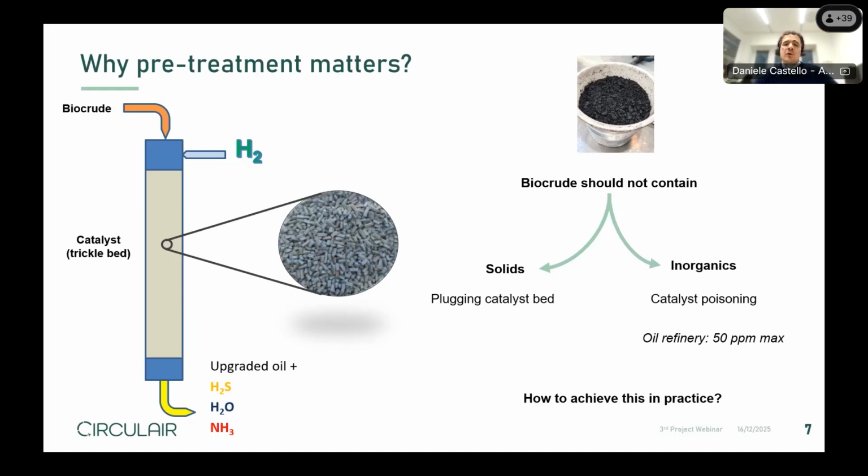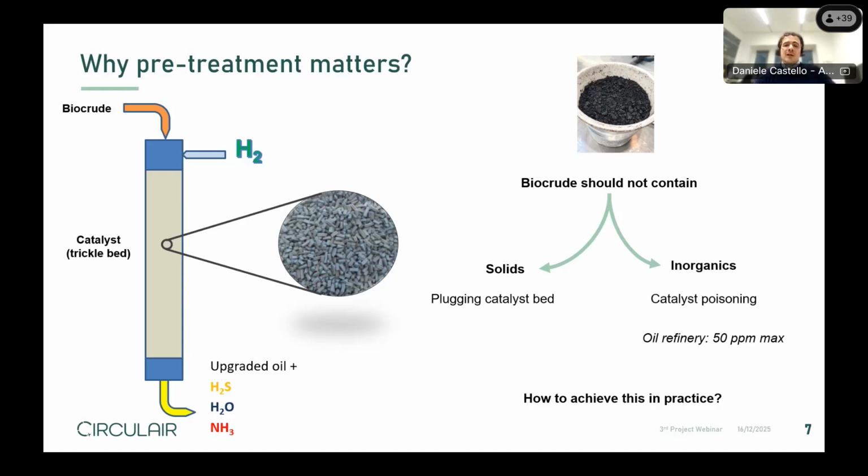This means that biocrude should not contain solids, which must be separated, and very importantly, cannot contain inorganics, which can actually poison the catalyst, and they should be contained ideally to levels of preferably less than 50 ppm, but let's say in the order of a few hundred ppm.